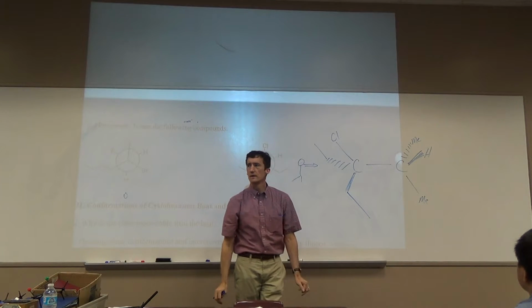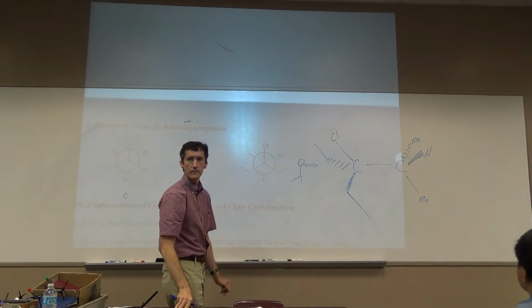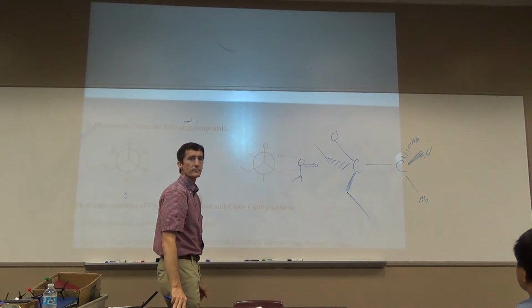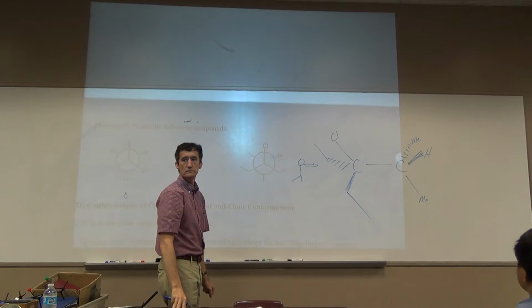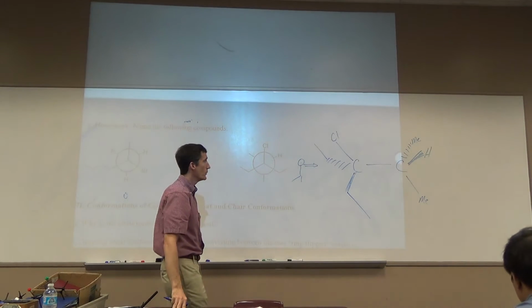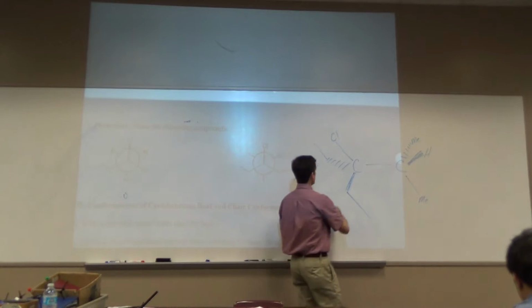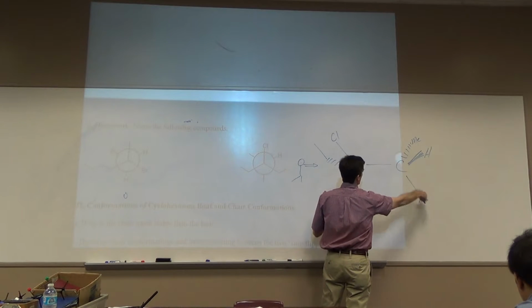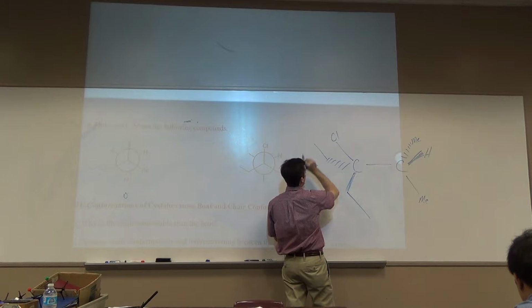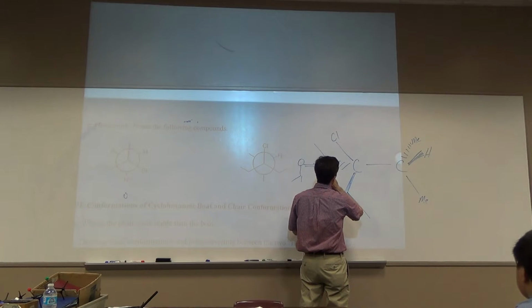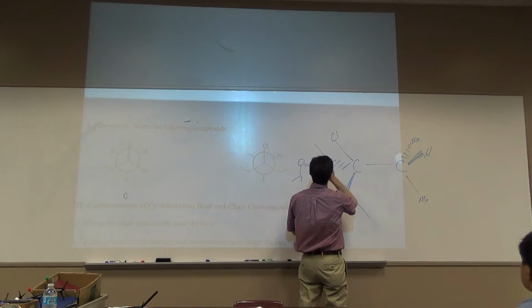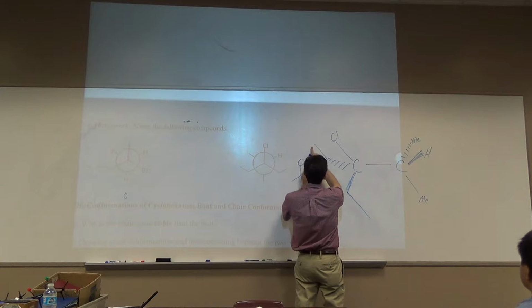Anybody remember? Got 2 5s. Which one do we want to go with? The one with the most substituents, right? Which one has the most substituents? Maybe going through here. And which is the 1?